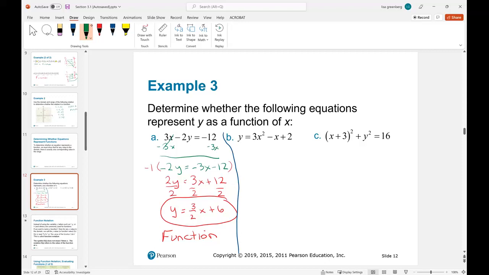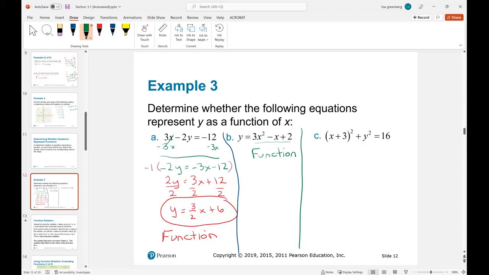As many times as I put that value in, I'm going to get the same value, right? It's not going to change. So this is also a function because whatever value I put in for x, I get one value of y. You're not going to give me two different values of y, right? It's just going to equal something.